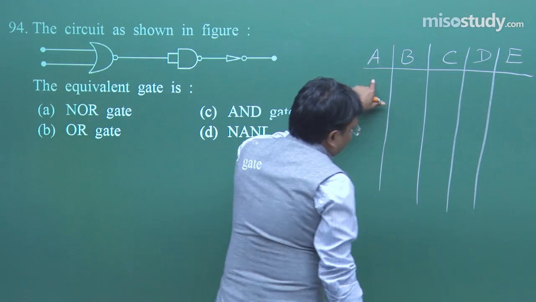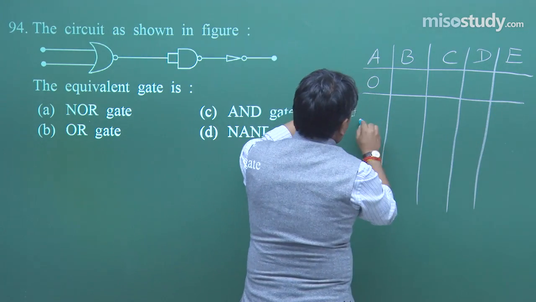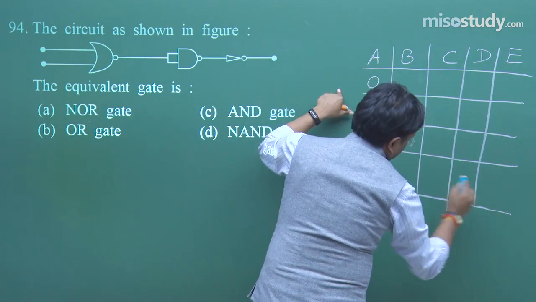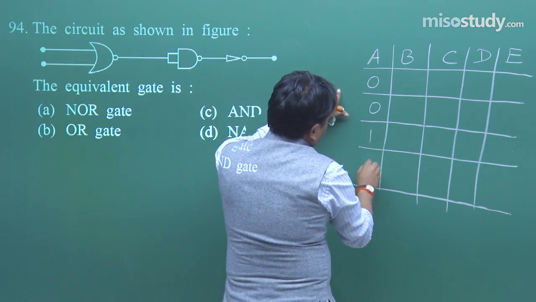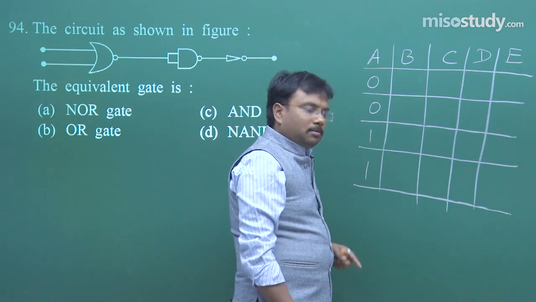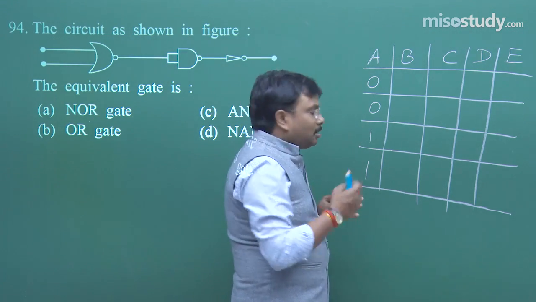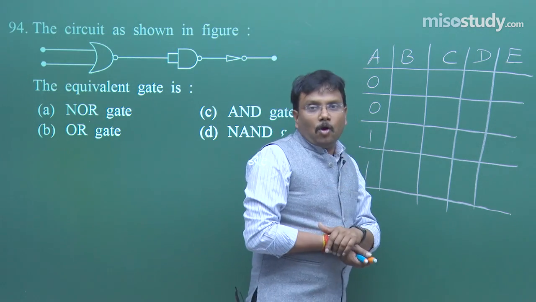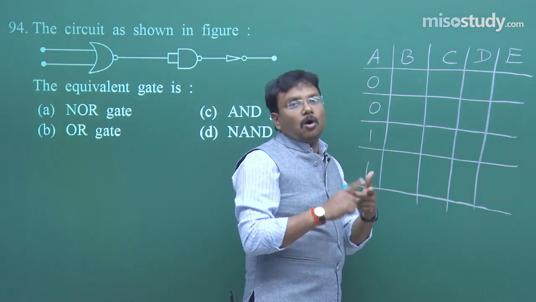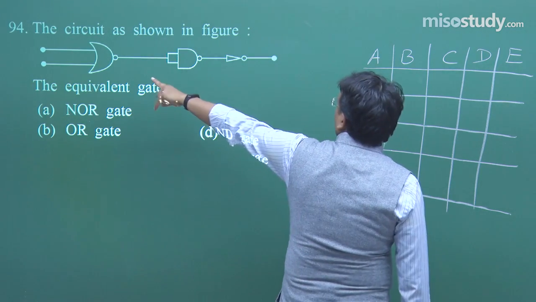Let us start putting the values. 0, 0, 1, 1. Why am I taking 0, 0, 1, 1? You can take 1, 1, 0, 0, or 0, 1, 0. The only possibilities are high or low, true or false, 0 or 1. So I am considering all these options for the first gate.